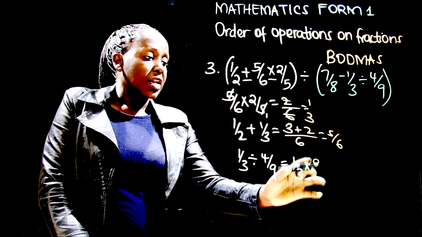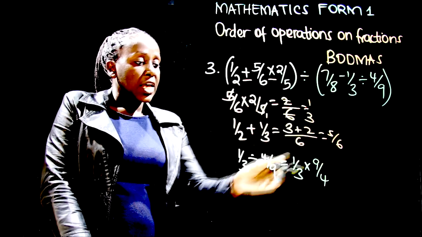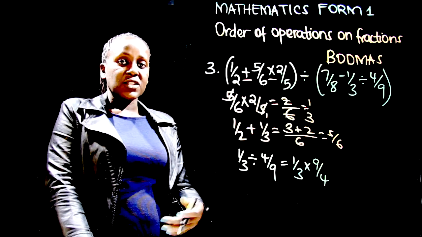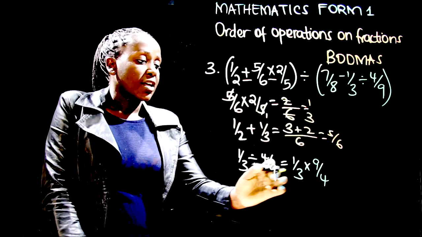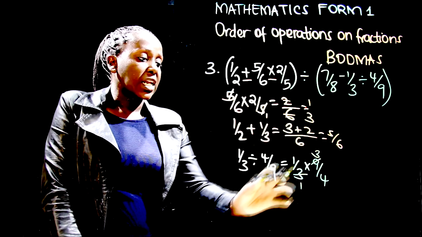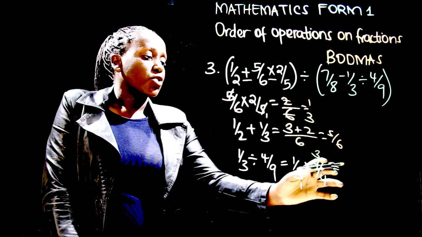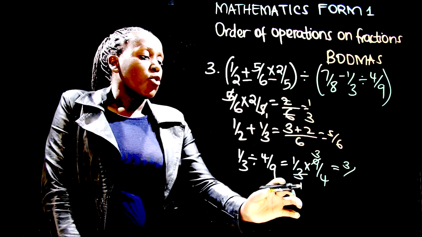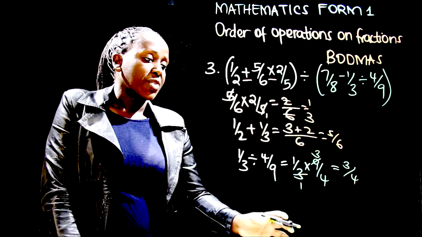So times 9 over 4. Any two values that we can cancel out? Yes. So 3 by 3 is 1, 9 by 3 is 3. So 1 times 3 is equal to 3 over 1 times 4 is 4.